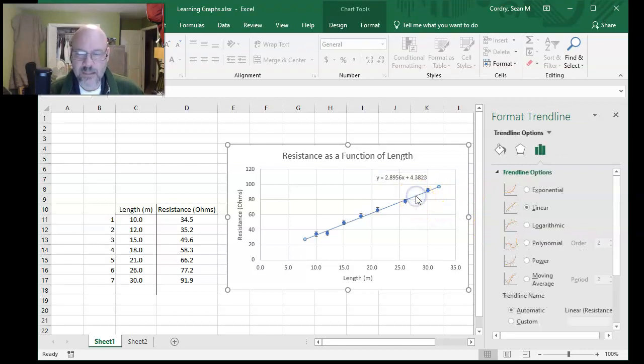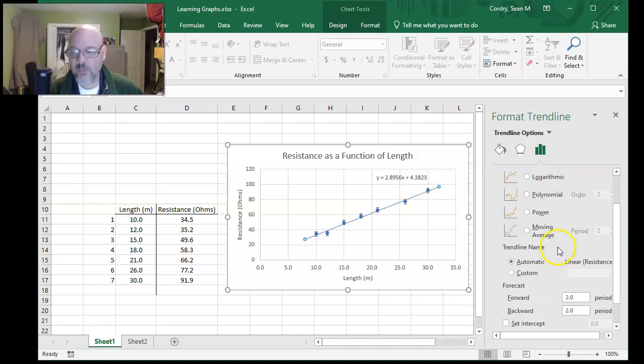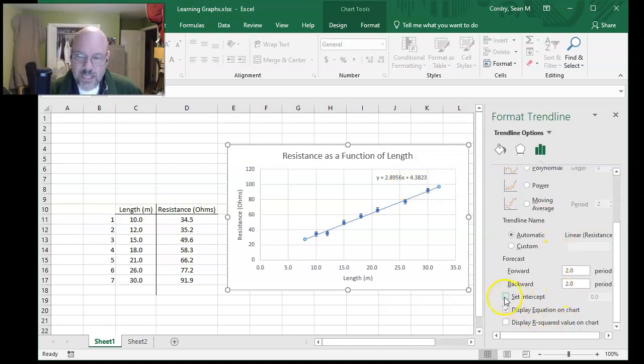Let me come back down here. So 2.8956, that's the slope. And what's this part called? Do you remember? It's the y-intercept. I point that out because we can adjust that down here. The line is a model to fit the data points. Our model might say this thing should go through 0. When that happened, it adjusted my slope just a little bit.